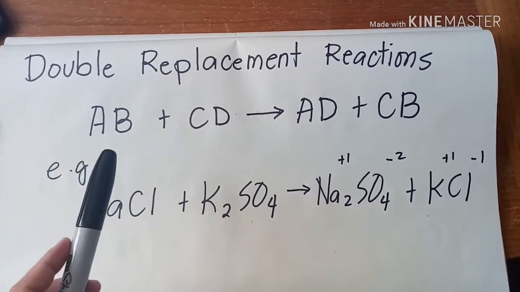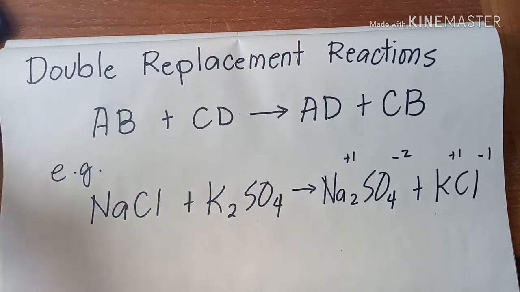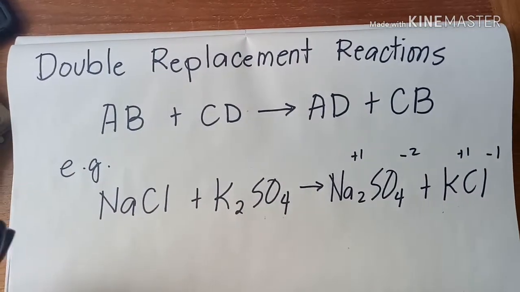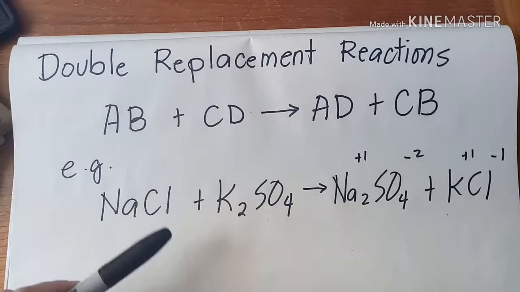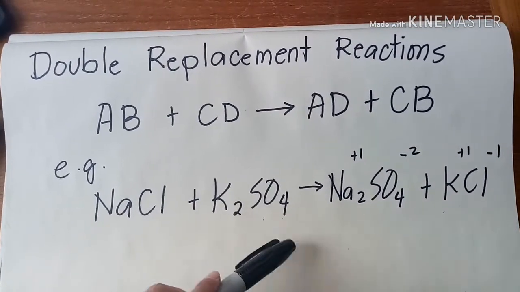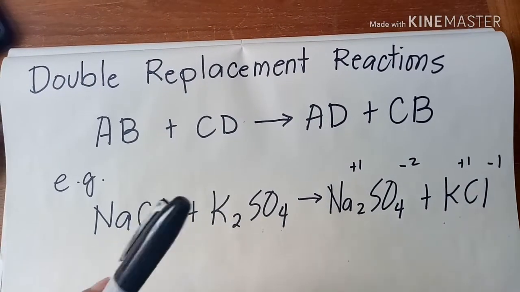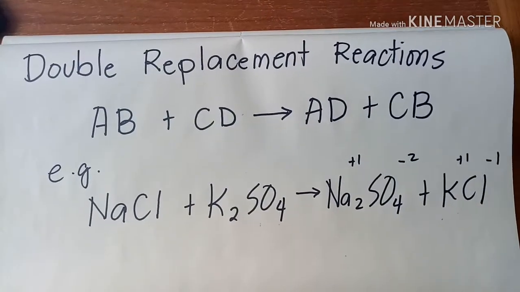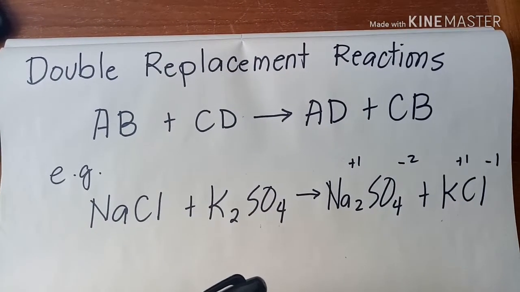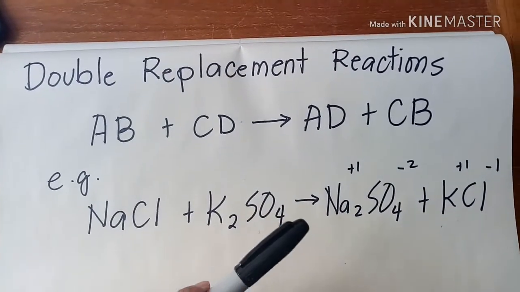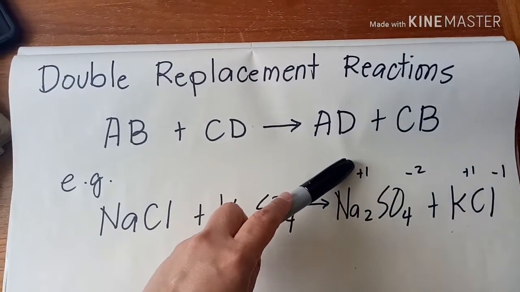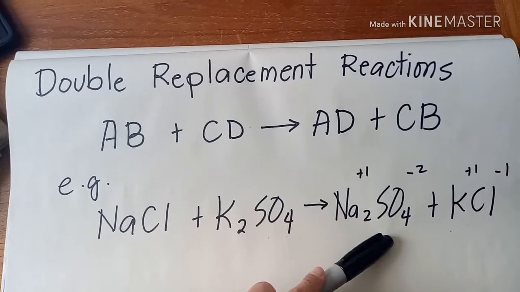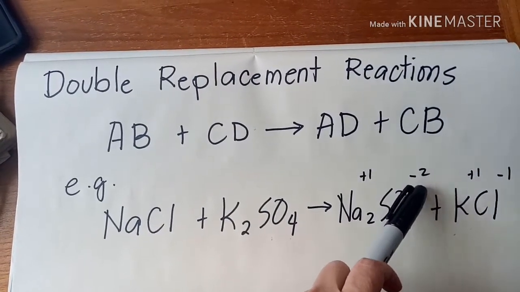Now, since this is the exchange of ions between two reactants, let's see what will be the product between sodium chloride and potassium sulfate. You need to apply here the crisscross method in order to predict the correct formula. In this case, sodium has an oxidation number of +1, and sulfate has an oxidation number of -2.